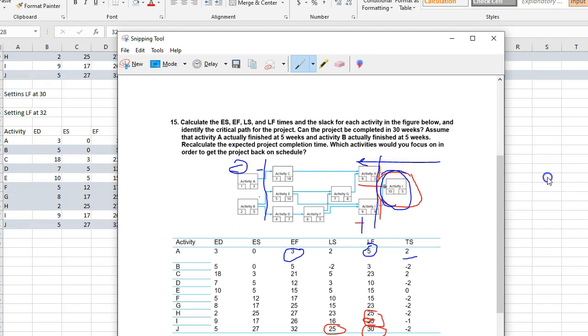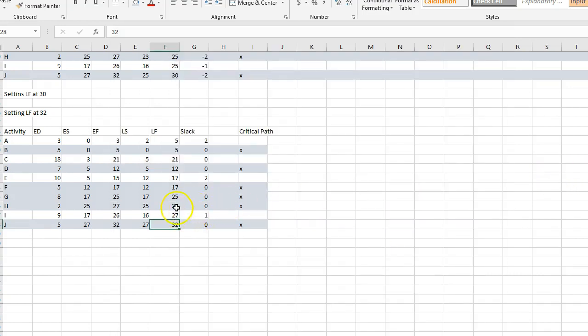So that is this point in time here at 27 weeks. So 27 minus our expected duration of 9 gives us 16 weeks for a late start. And for this activity, because it's only 2 units long, but we start at the same time, it gives us 25 as a late start.